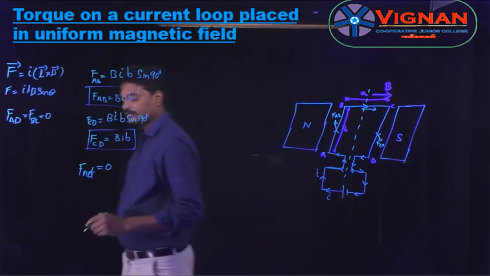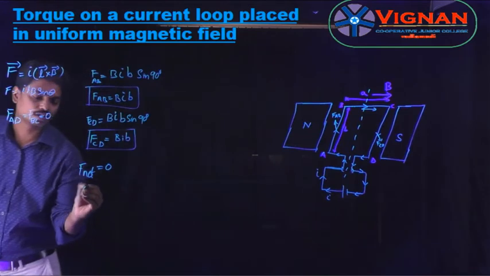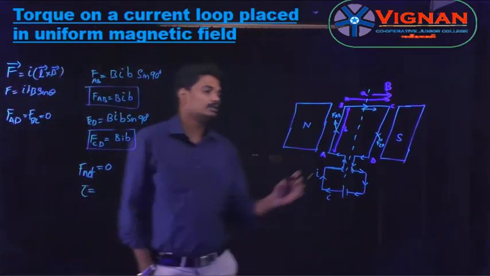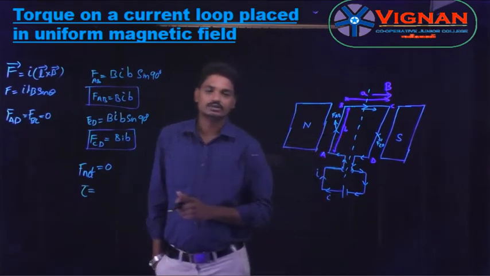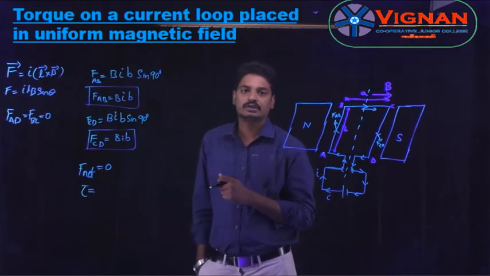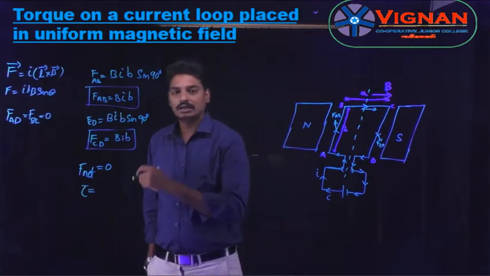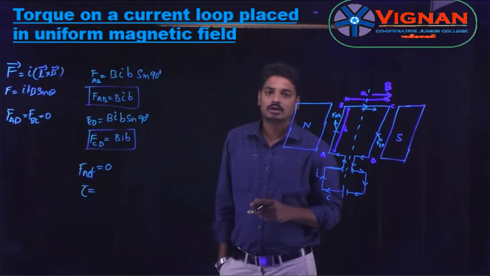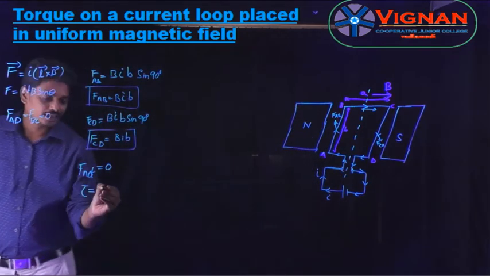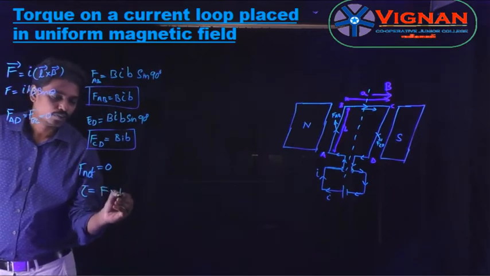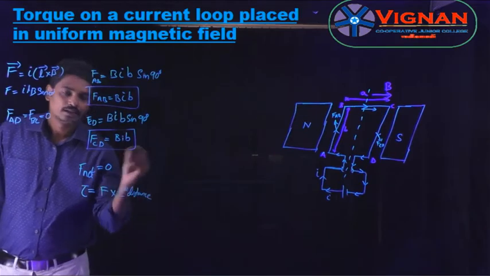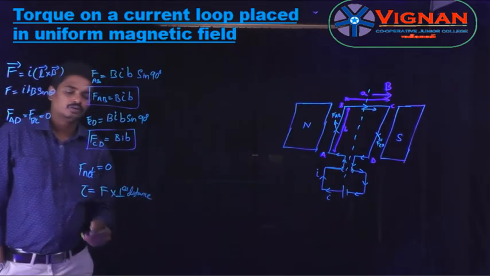The equation for the torque is force into the perpendicular distance between the two lines of action of forces. From the moment of couple, from your first year chapter on system of particles, the torque tau is equal to either of the forces into the perpendicular distance between the two forces.